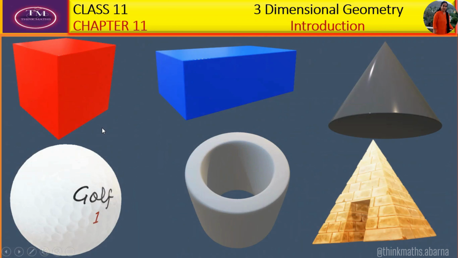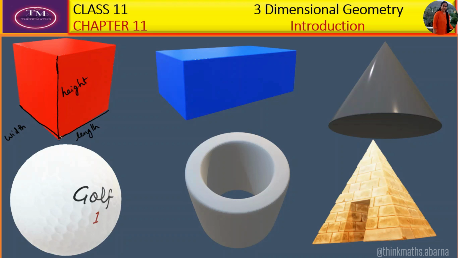In three-dimensional geometry, you will have three types of dimensions. One is length, and this is width or breadth, and the last one is the height.